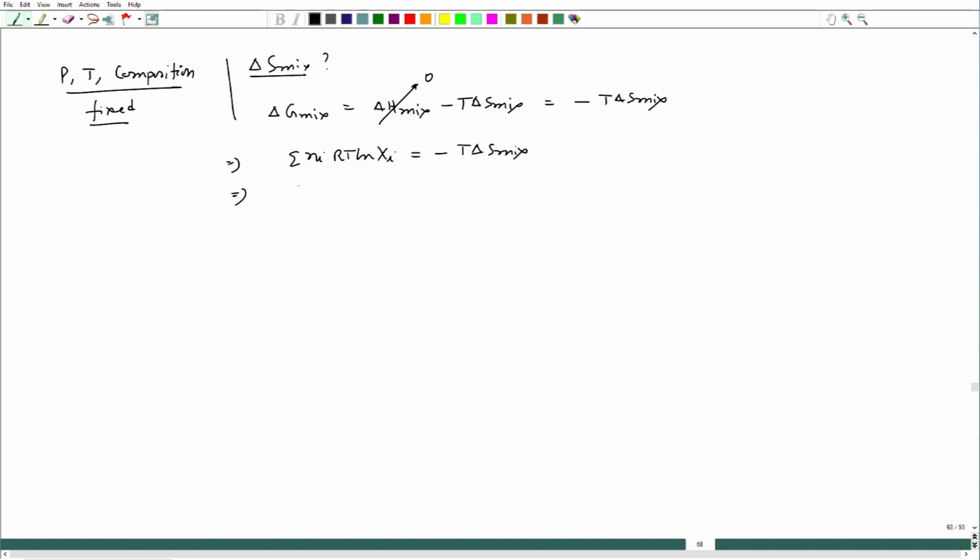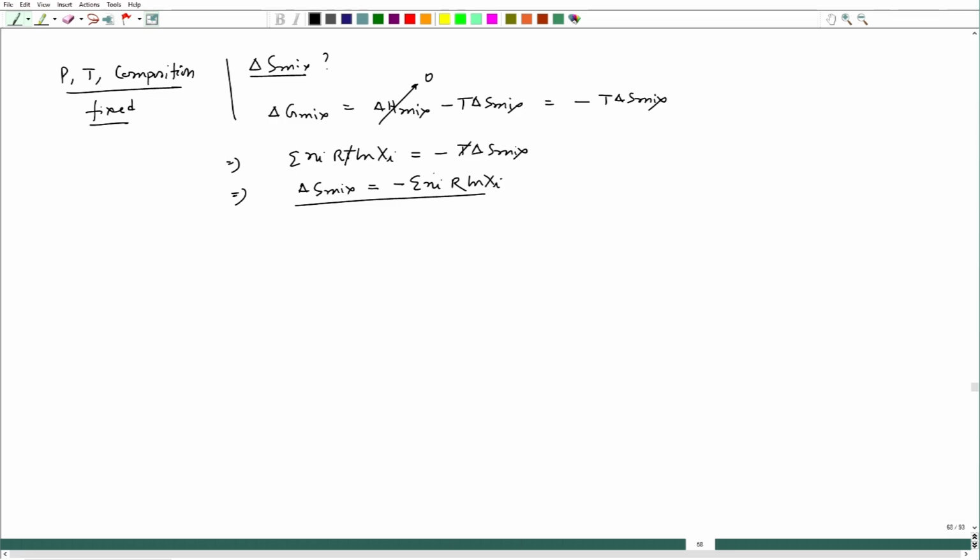So, then delta S mix is equal to, where T is non-zero value. So, that means it should not be 0 Kelvin. So, in that case this goes to this, with a minus sign.